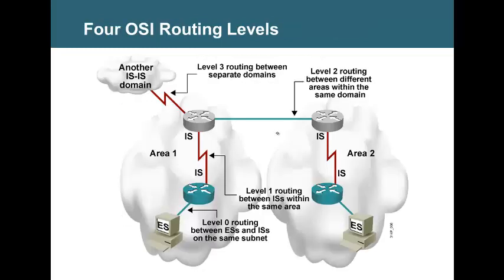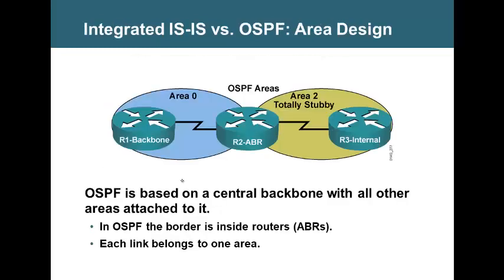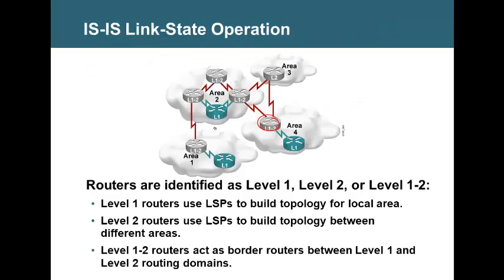Now, when you are forming adjacency between an area 2 router and an area 4 router, you need L2 adjacency. That is where L2 adjacency is needed. If you have an L2 relationship, only then can area 3 form adjacency with area 2, and area 3 with area 4.